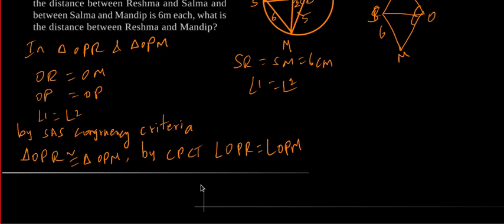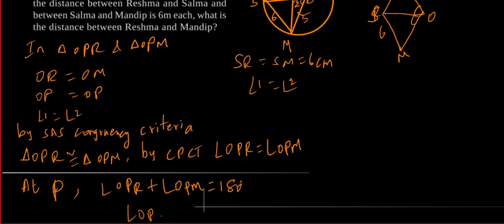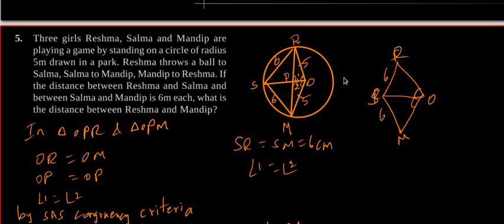So at the point P, angle OPR plus angle OPM is 180 degrees. Both are equal and the total sum is 180 degrees, which means each angle is 90 degrees. So angle OPR equal to angle OPM equal to 90 degrees each.